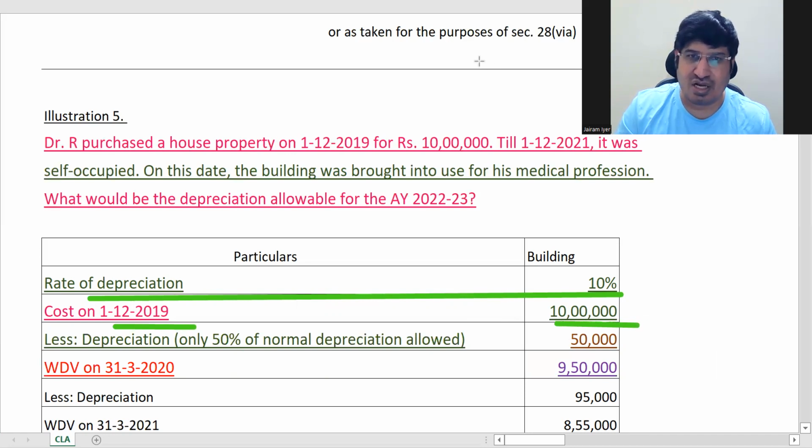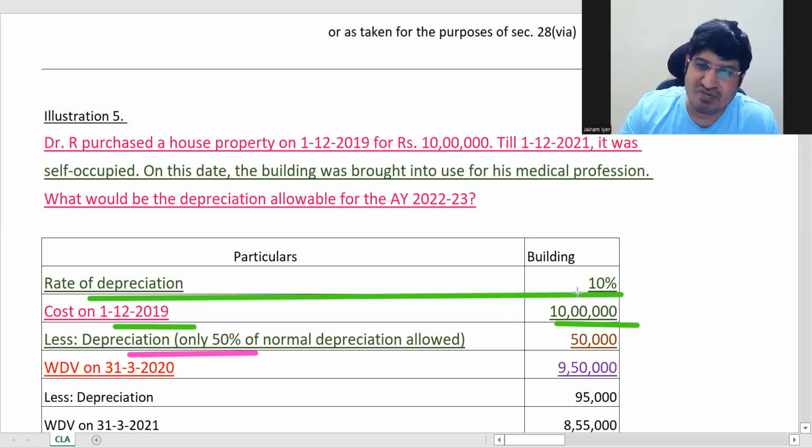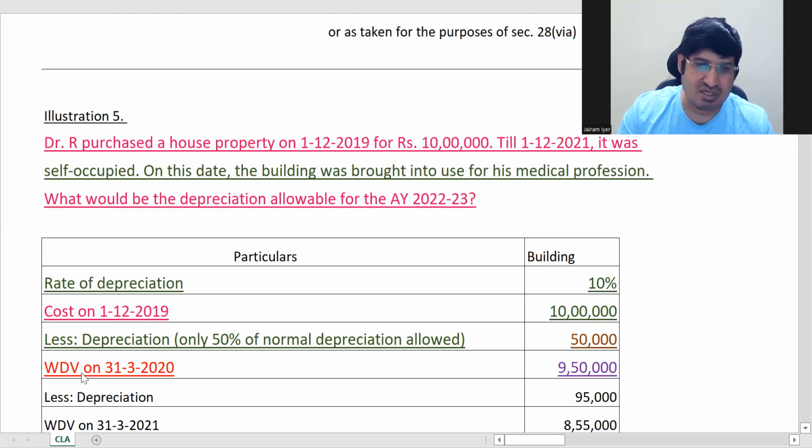Okay, and then depreciation will be 50%, that is 50% of 10, so then it is 50,000. Now next is 10 lakh minus 50,000 gives you what? 9,50,000. It's WDV on 31/3/2020. So now we will depreciate it further one more year.